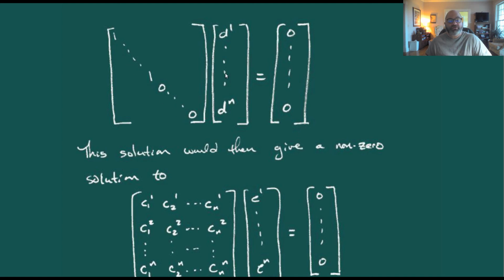So we've got a non-trivial solution to the c sub ij's that we were looking at times some vector giving us the matrix of zeros.